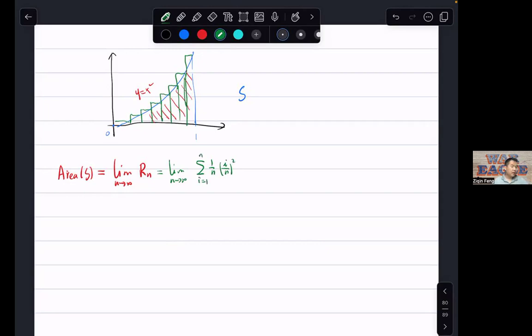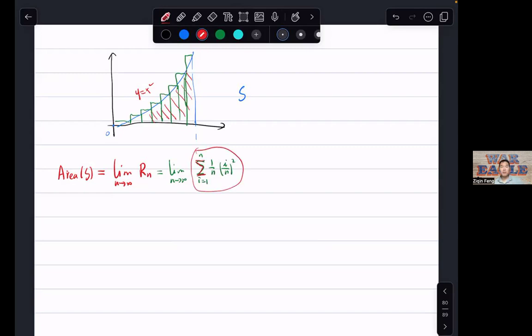Now let's try to evaluate this limit. You can see that in this limit, as n gets bigger and bigger, the number of terms is getting bigger and bigger. We don't have any good way to handle that. So our only way here is to try to write this sum as a function of n.